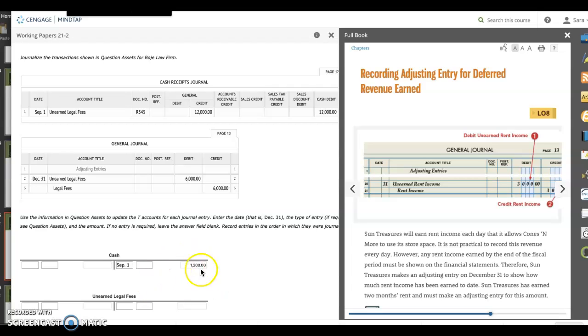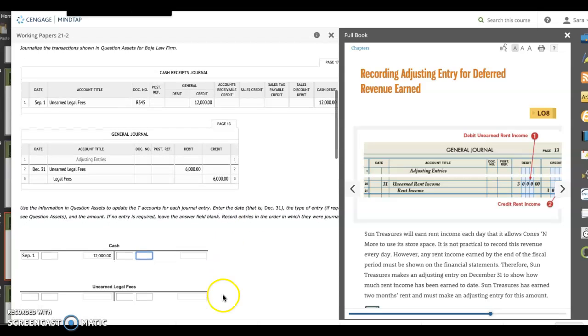Guess we'll check that here at the end, so we know we're going to have to come back and change cash. Unearned legal fees. Oh, that's why, because I'm putting it on the wrong side. It's a debit, not a credit. Okay, September 1st. There we go, 12,000 on the debit.